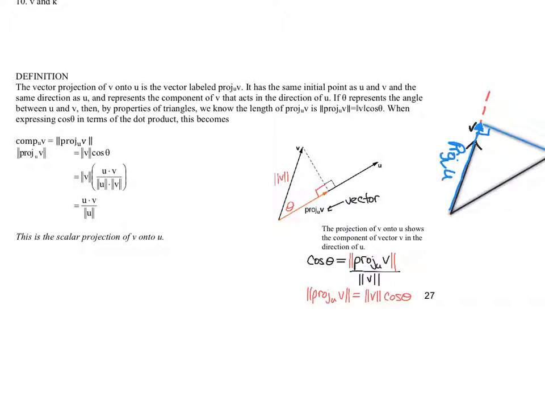All us mathematical geniuses out there, not me, the person who invented this, they said, okay, I'm not writing that every time, so we're going to call this the component of V acting in the direction of U, which I think makes perfect sense in terms of the name. The notation of it can be a little, I don't know if I like that one very much. I'll just draw an arrow here because the rest I can just talk you through.